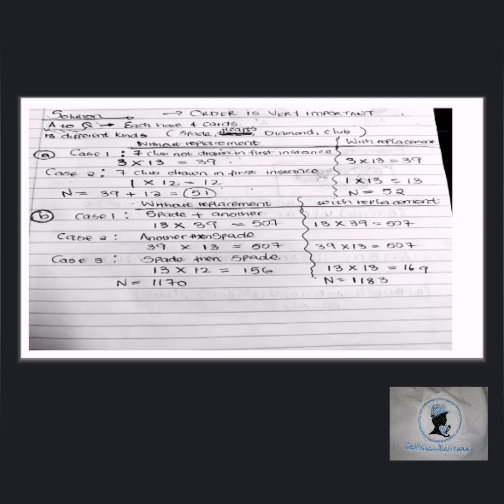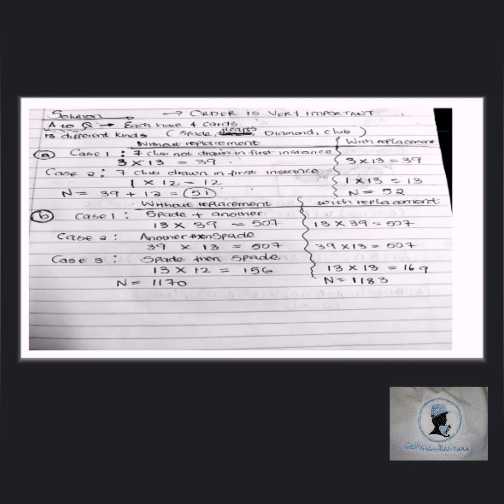So without replacing the card, we have 13 cards that are spades that we can choose, times, now we assume we can draw any other card that is not a spade.